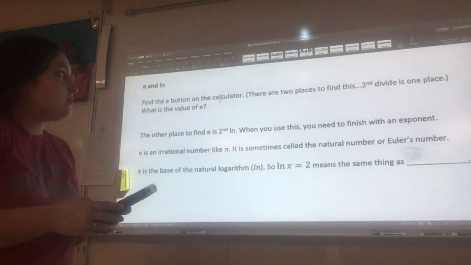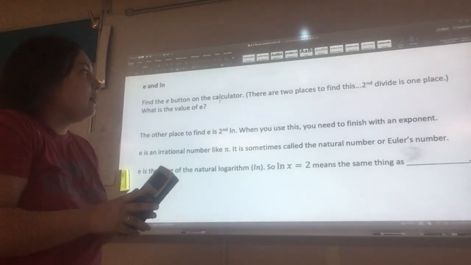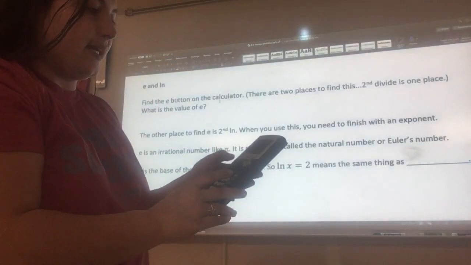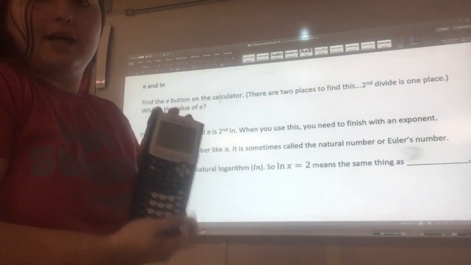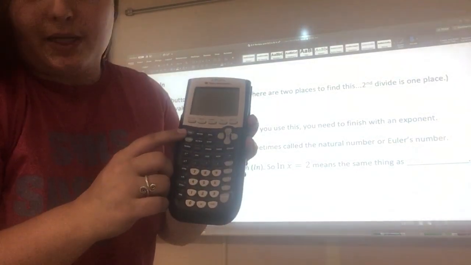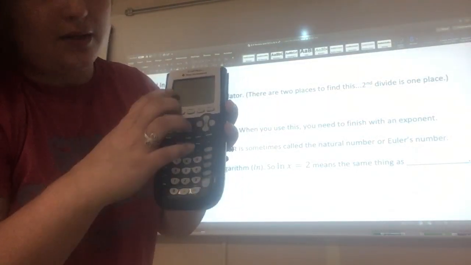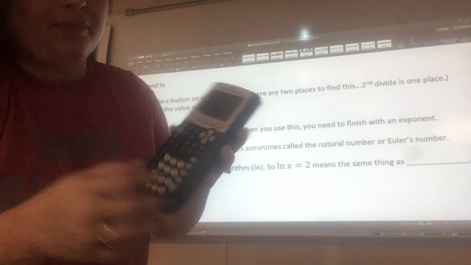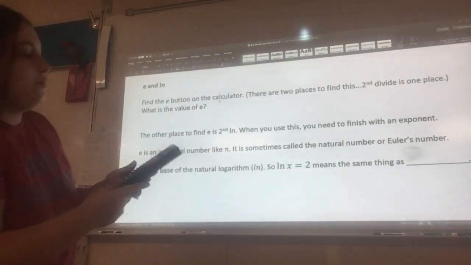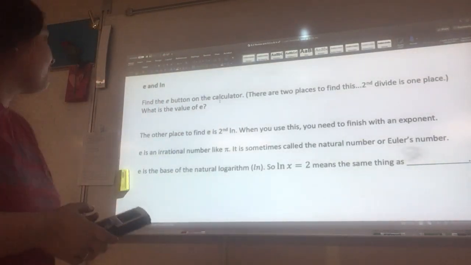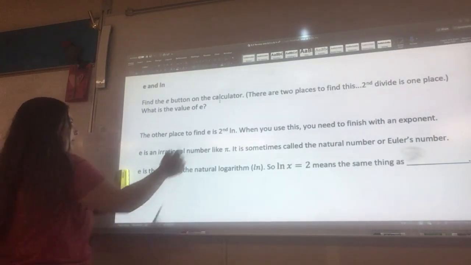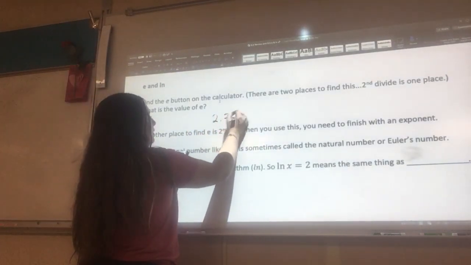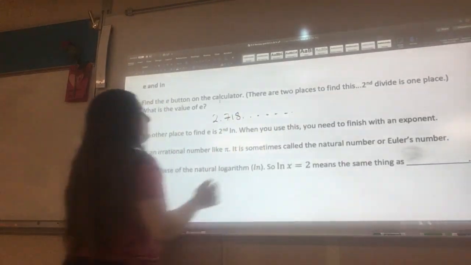So again, the 2 places to find this, the first is second divide, so the second button and our division, and you can see e, okay? And we want to know what the value is, so just press enter. You should be getting a value about 2.718, and it just goes on. Okay?